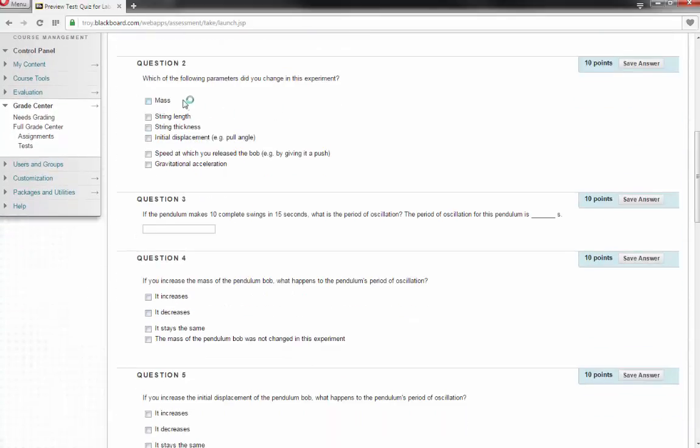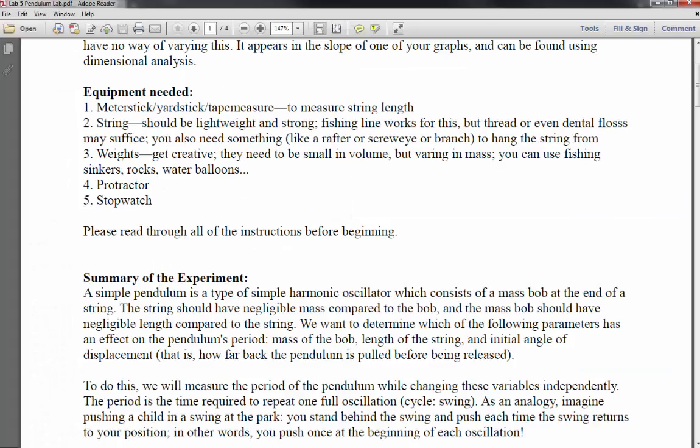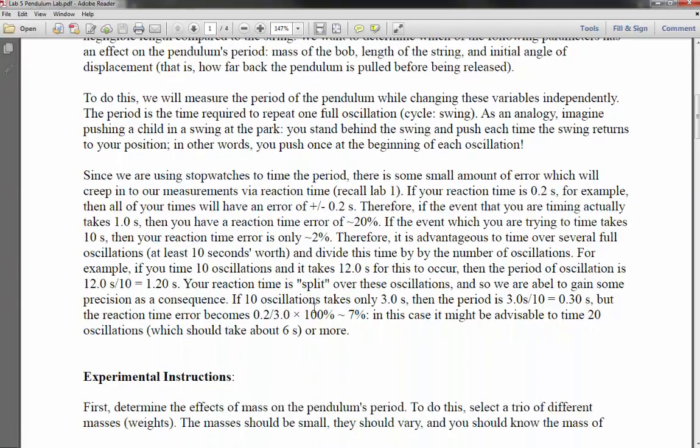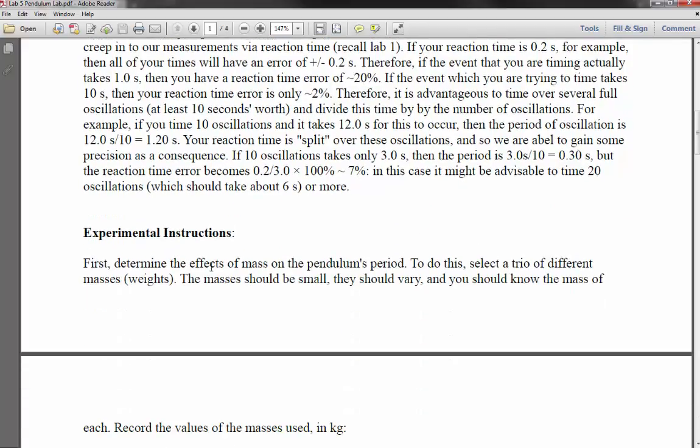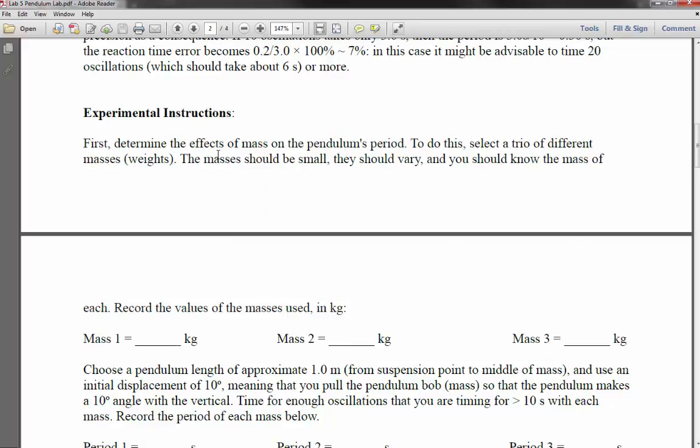Next thing that it asks, which of the following parameters did you change in this experiment? So let's open that instruction up again. We'll scroll down a little bit. It gives us some details about how to time this. And then here's the actual instructions. And it says, first determine the effects of mass on the pendulum's period.